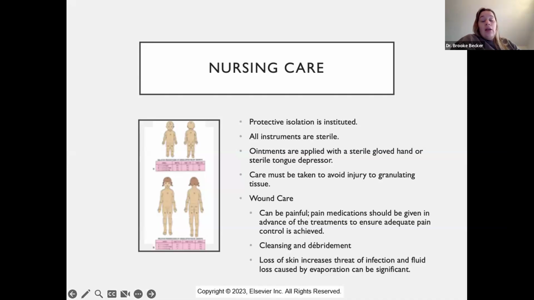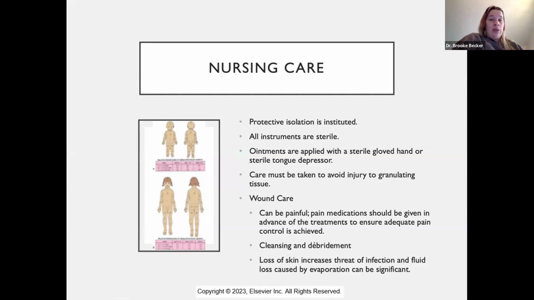So these kids that are hospitalized with burns are going to be in protective isolation. So you will be wearing gloves, gowns, maybe a mask. All of these things will be covered up so there's not more of a risk for infection.